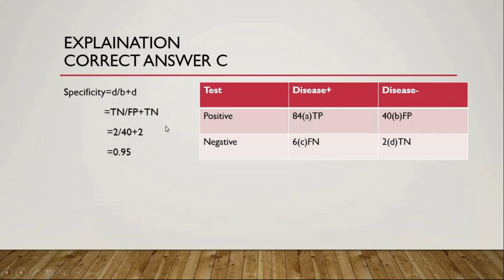So how have you solved this question? Make a 2 by 2 table. Everyone please take a pen and paper and make a 2 by 2 table. Then write test positive, negative, disease positive and disease negative.